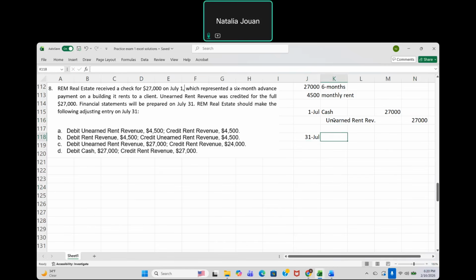So we need to decrease this liability and earn revenue, 1 month only. We get to claim the revenue: rent revenue for 4,500. So which one is that? Debit the unearned rent revenue, and we credit rent revenue. The correct answer is A.